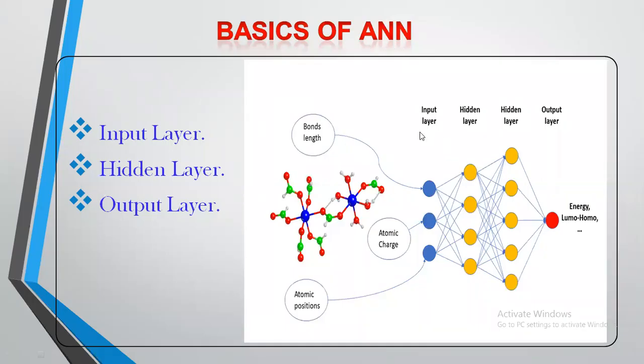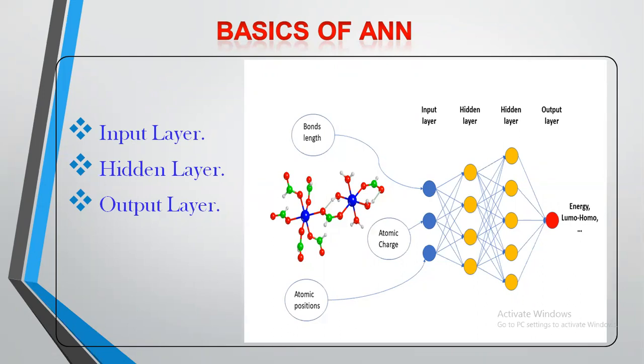This is the diagram of an artificial neural network, and in this artificial neural network we are using three types of layers. One is the input layer, the second is the hidden layer, and the third is called the output layer. The input layer acts as the dendrites, and the hidden layer acts as the soma or the cell body.